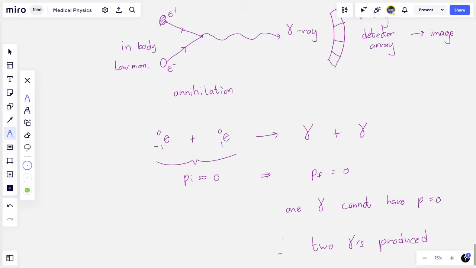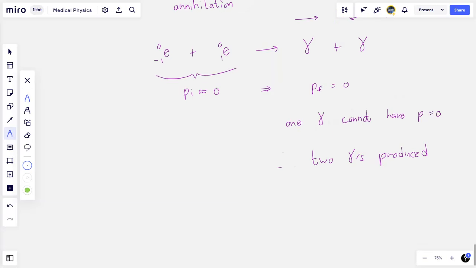One will move to the right, the other will move to the left. They have the same momentum in opposite directions. Those momenta cancel because they are vectors. And so the final momentum can be 0. And so we get saved. That's why two gamma ray photons are produced in opposite directions.